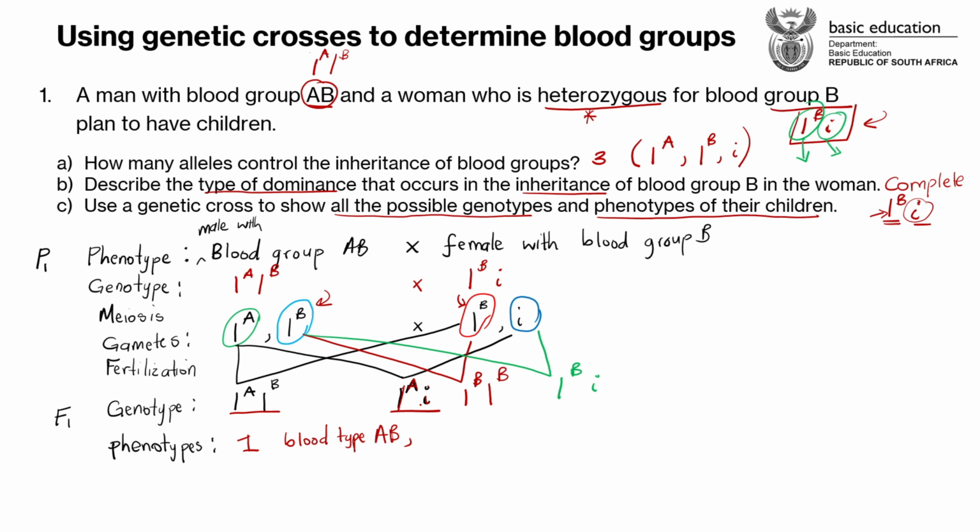So we have one possibility of blood type A. Interpreting the third genotype, this is IB IB, and that is homozygous for blood type B. Even this one is also blood type B, because remember, this is blood type B in the heterozygous condition, and this is blood type B in the homozygous condition.